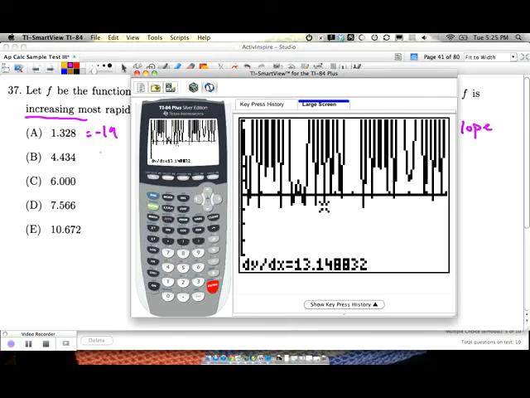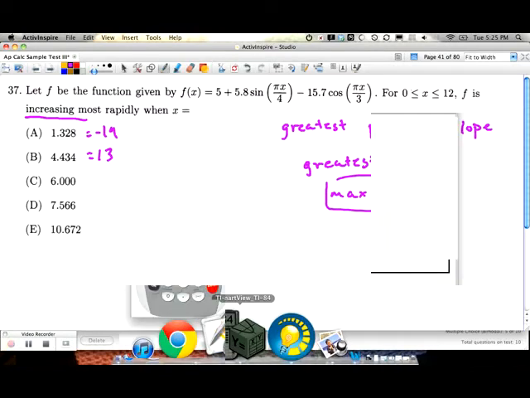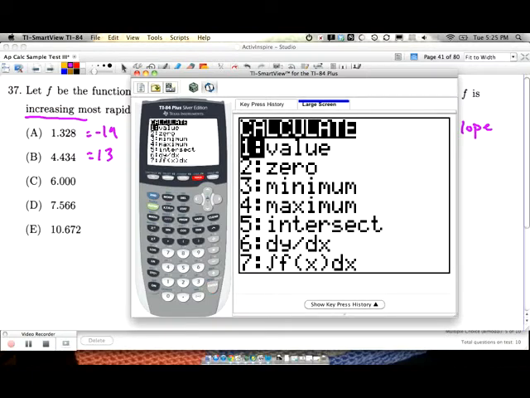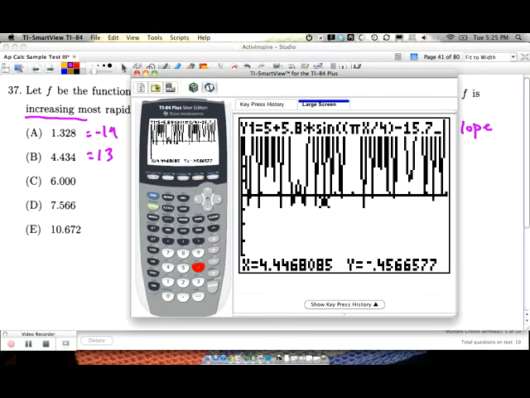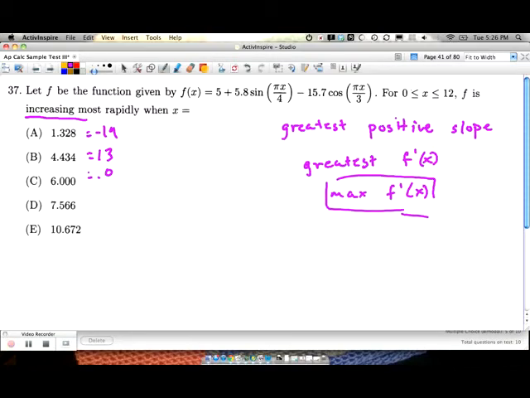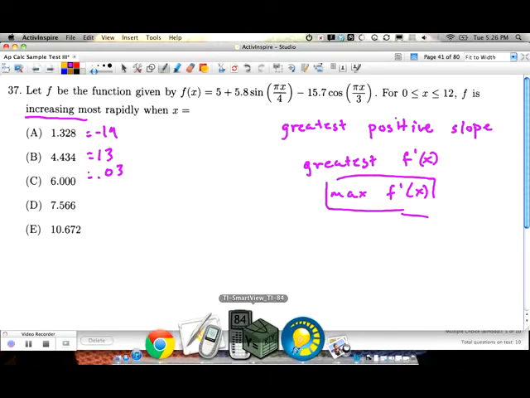When I calculate that one, I get about 13. Next one. And then we have second, calculate the slope at 6. We get 0.03, so that one's out too. That slope's pretty slow as well. It's not increasing a whole lot.